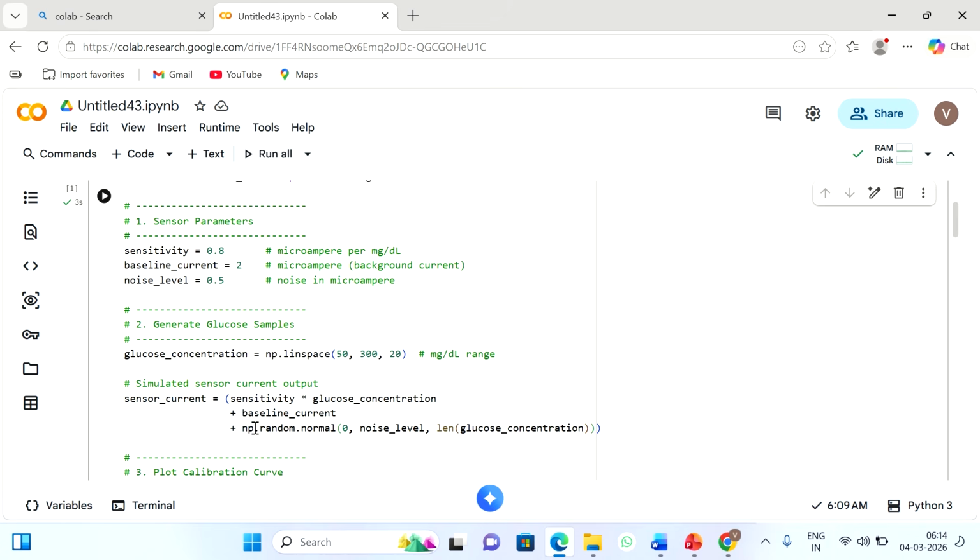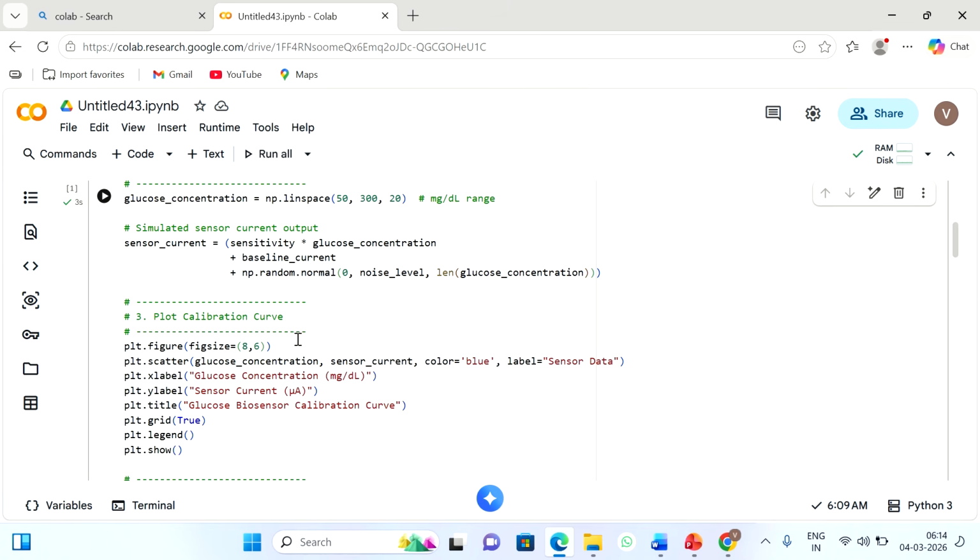Then sensitivity 0.8 means 0.8 microampere current per 1 milligram per dl glucose. Higher sensitivity means a more responsive sensor. Then baseline current. Even with no glucose, the sensor shows a small background current due to electrodes and electronics.